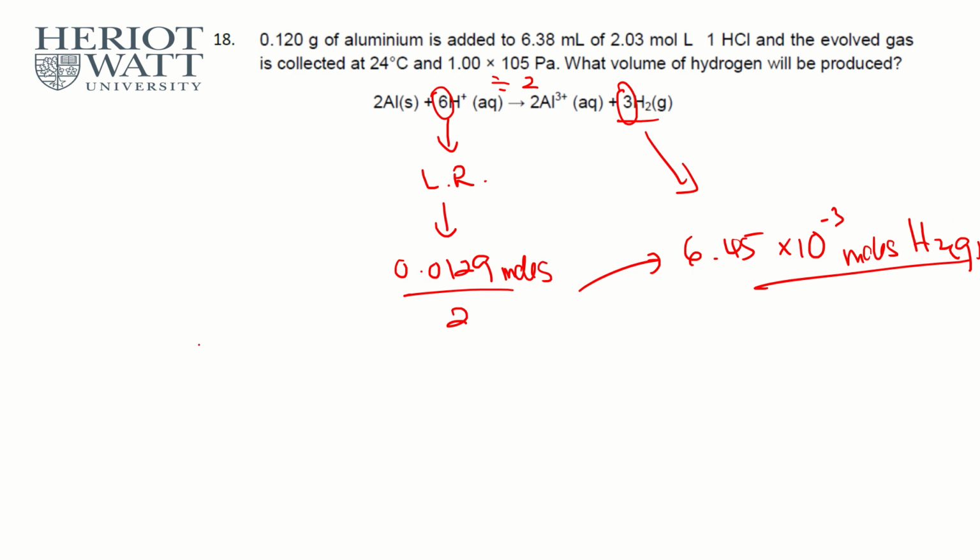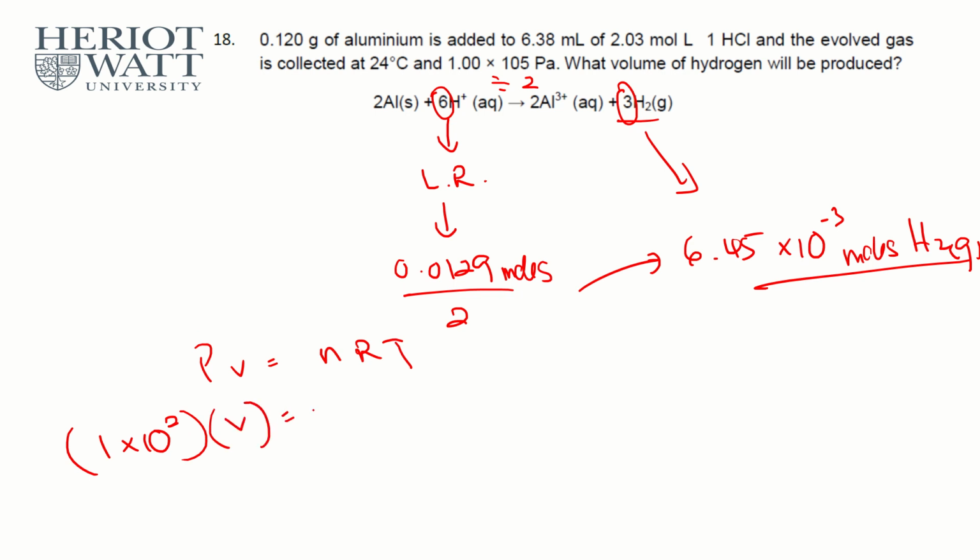Okay, then we're going to sub into PV equals nRT. So PV equals nRT. P is 1 times 10 to the power of 2. I change it into kilopascal, and the volume will be in dm cubed at the end.